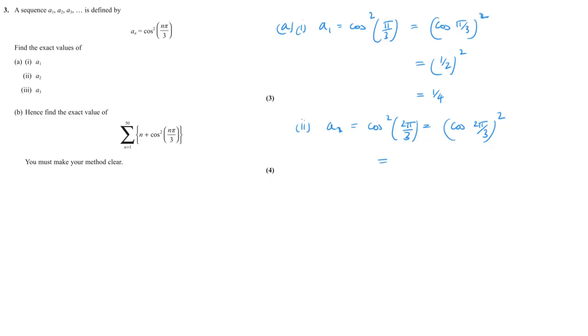So 2 pi by 3 is 120 degrees, because pi is 180, isn't it? So 180 over 3 is 60 degrees, times by 2, 120 degrees. So cos of 120 degrees is minus a half. So it's minus a half squared, or 1/4.